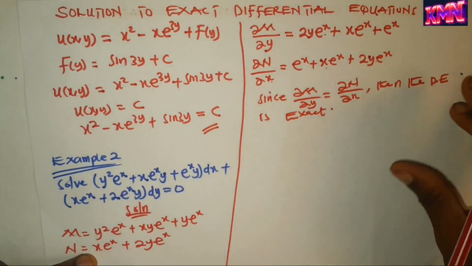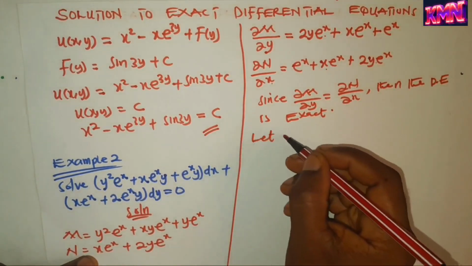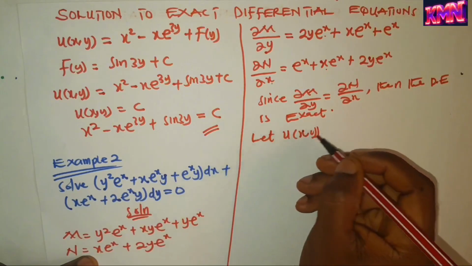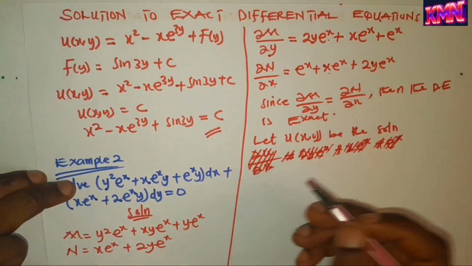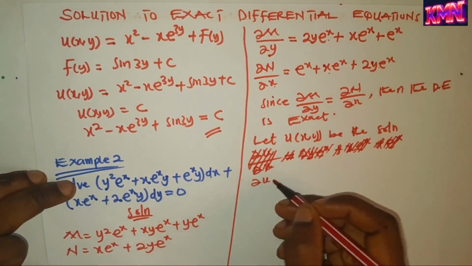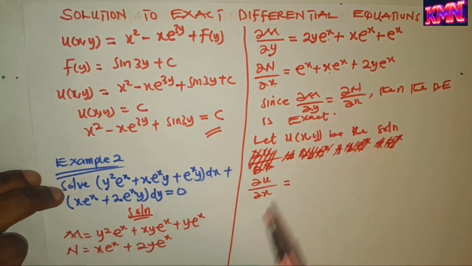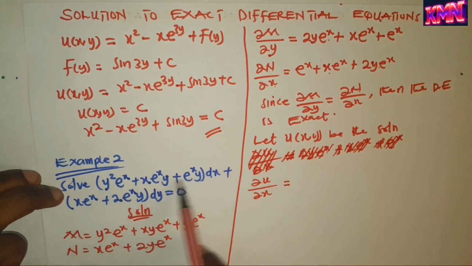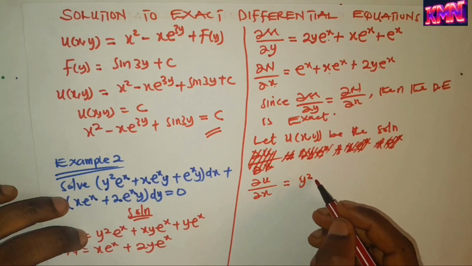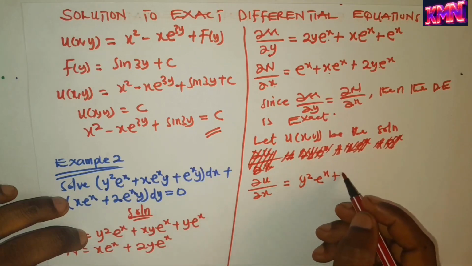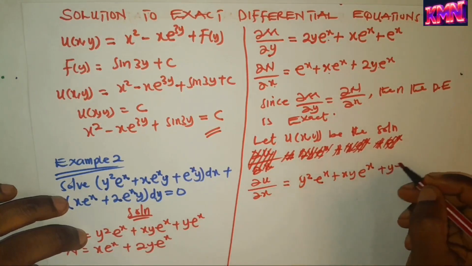So now that it is exact, as we established, we can let u at xy be our solution. We established that when we find the partial derivative of u with respect to x, that should be equal to the coefficient of the dx, and that is the M. So we are going to have y squared e power x plus xy e power x plus y e power x.